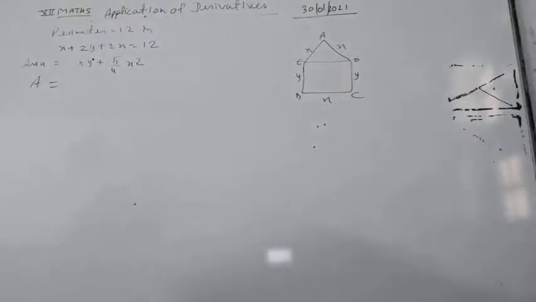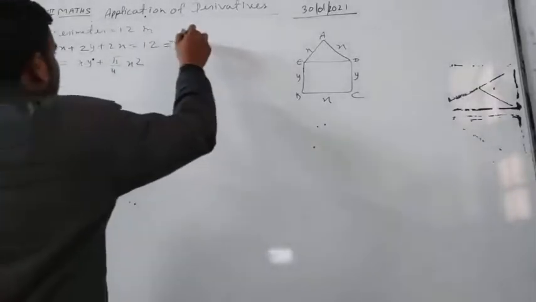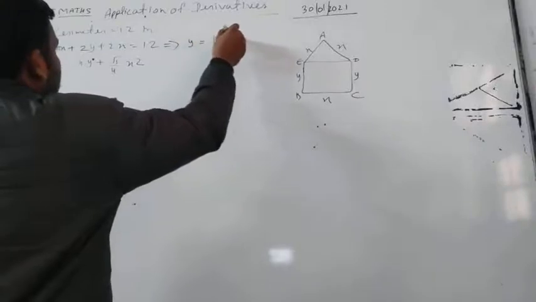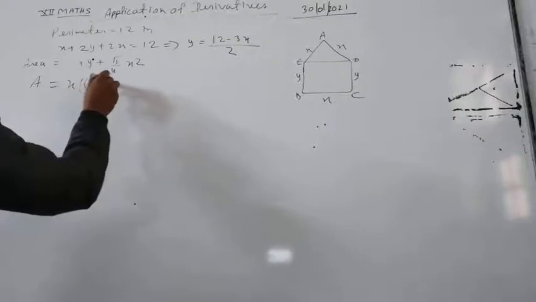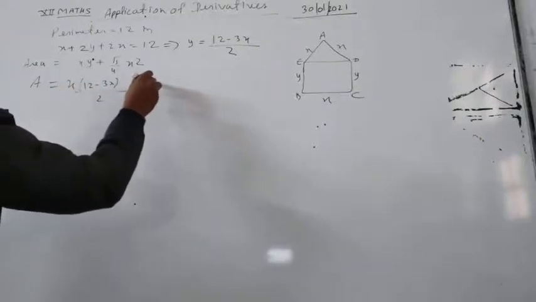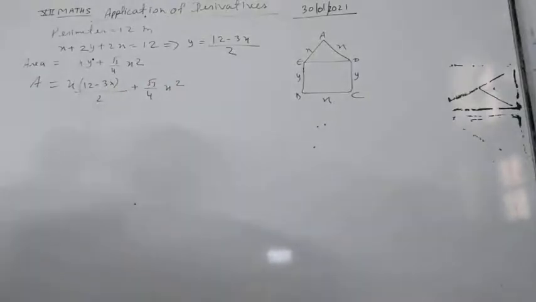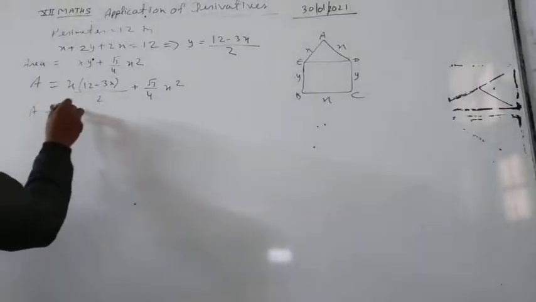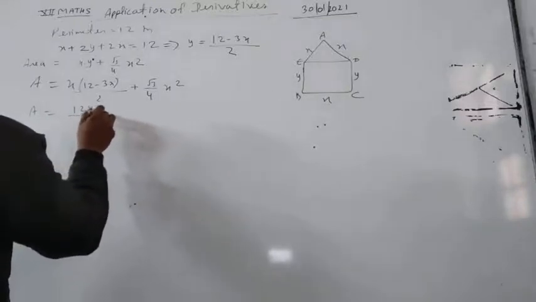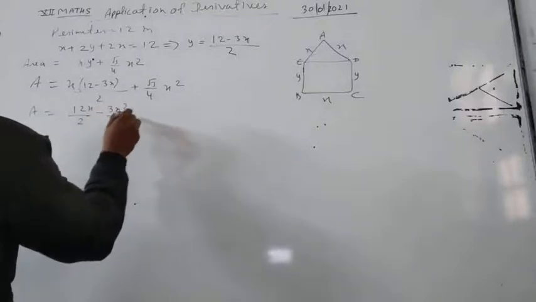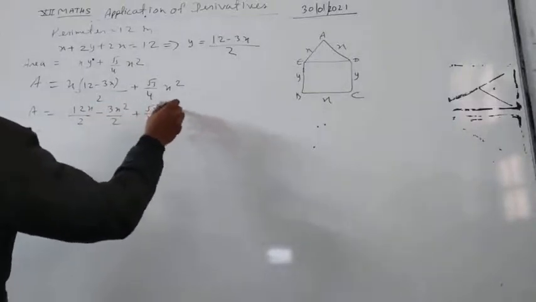Now from above we will find the value of y. So our y will be equal to (12 minus 3x) by 2. We substitute here (12 minus 3x) by 2, and this is root 3 by 4 x square. Now we multiply inside and get 12x by 2 minus 3x square by 2 plus root 3 by 4 x square.